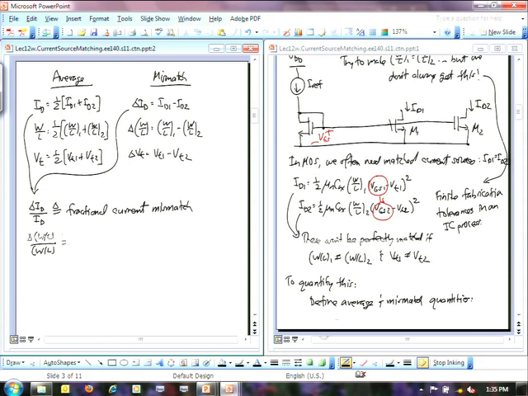And so 1/2 mu n Cox times, I'm going to get W over L times VOV squared plus delta W over L over 2 times VOV squared minus W over L times VOV times delta VT minus delta W over L over 2 times VOV times delta VT. Okay, so I end up with this.